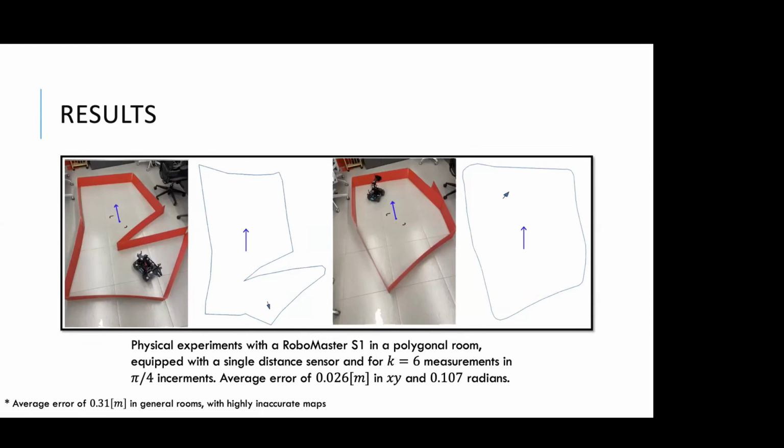In that specific scenario of various polygonal rooms, we get an error of about 2.5 centimeters and 0.1 radians, which is kind of nice. We did try it on more general locations, and we got about 30 centimeters of error, which is a little bit worse. We're actually working on improving that.